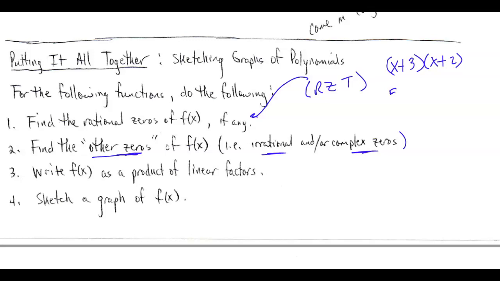The point I'm trying to make is that we know this multiplies out to be this. This is the form of this particular polynomial in factored form. And what number 3 states, write f of x as a product of linear factors, is what we mean. And then, the last thing that we want to do is sketch the graph of this polynomial.